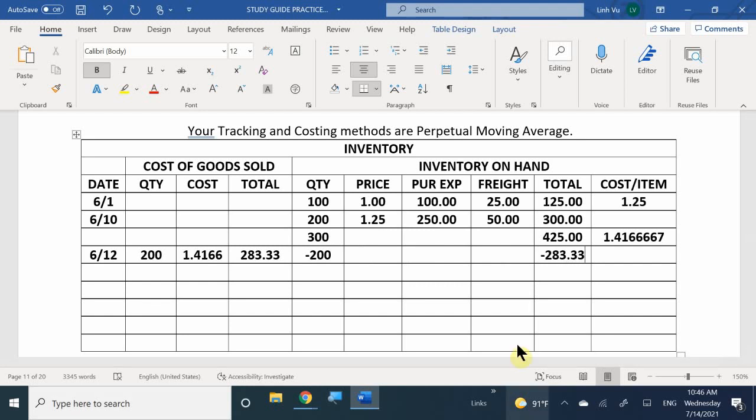So therefore, I should get a total remaining of 100 items, okay, at a total of 14167. Is that right?